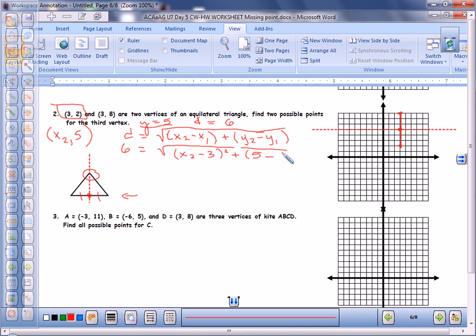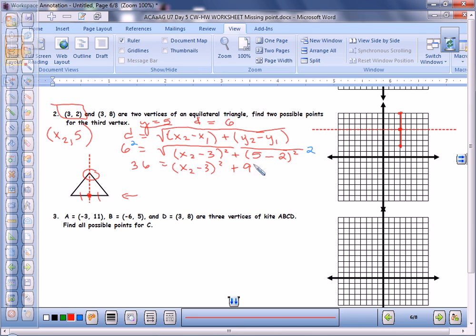And then I have to solve this. To solve this, I'm going to square both sides. I get 36 equals x minus 3 squared plus, what is 5 minus 2? 3. And when I square it, I get 9. So what can I do with that 9? Subtract it from both sides of the equation.